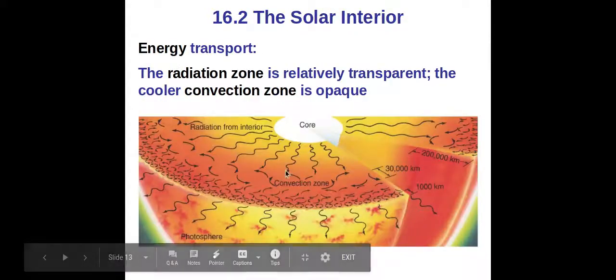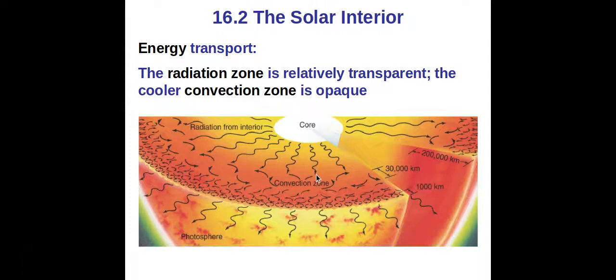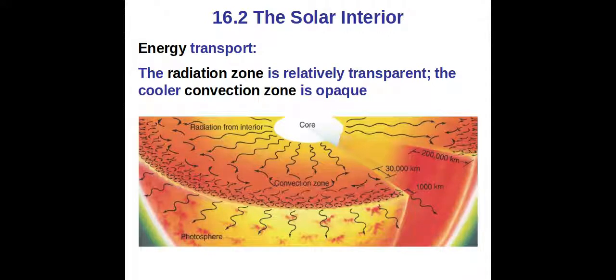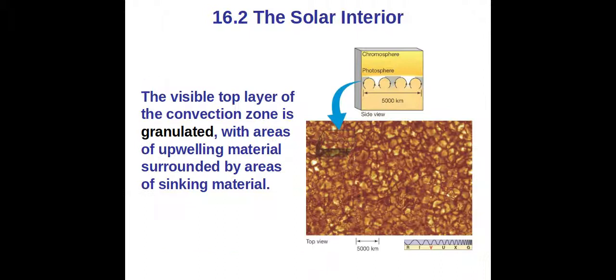The convection zone, as you can see here, has all these circular currents going on, just like convection on Earth or anywhere else, where the heat is taken from there, and you have a heat imbalance that has to get equaled out by the time you get to the photosphere. So that's what happens in the convection area. The radiation zone radiates the energy away. The convection zone has convection currents that basically do the same thing.